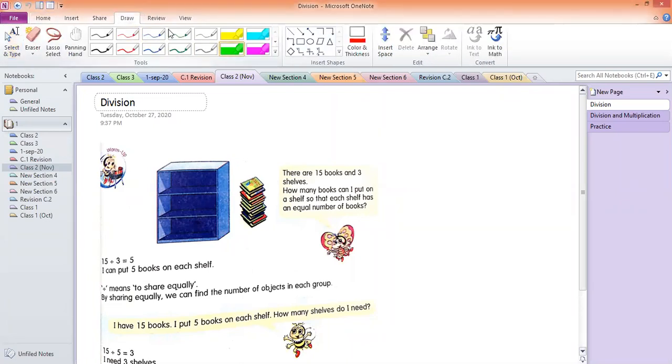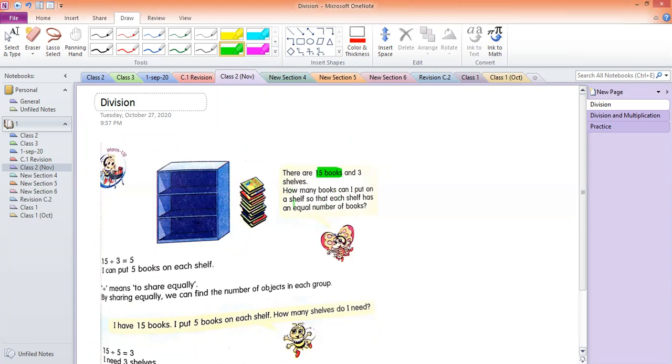So let's look at the example here. I'll pick a green highlighter for you. There are 15 books. You can see these are the 15 books and three shelves. One, two, and three shelves. So the question is, how many books can I put on a shelf so that each shelf has an equal number of books?